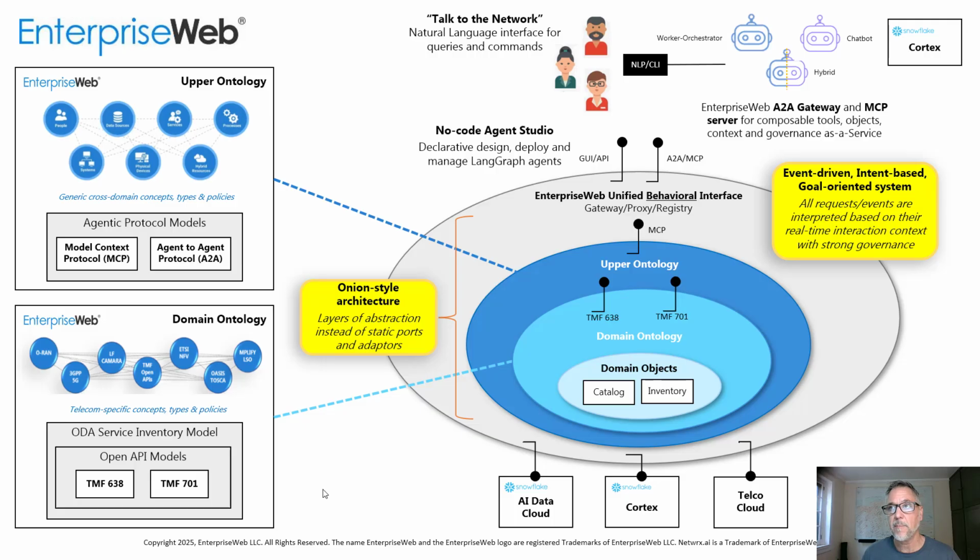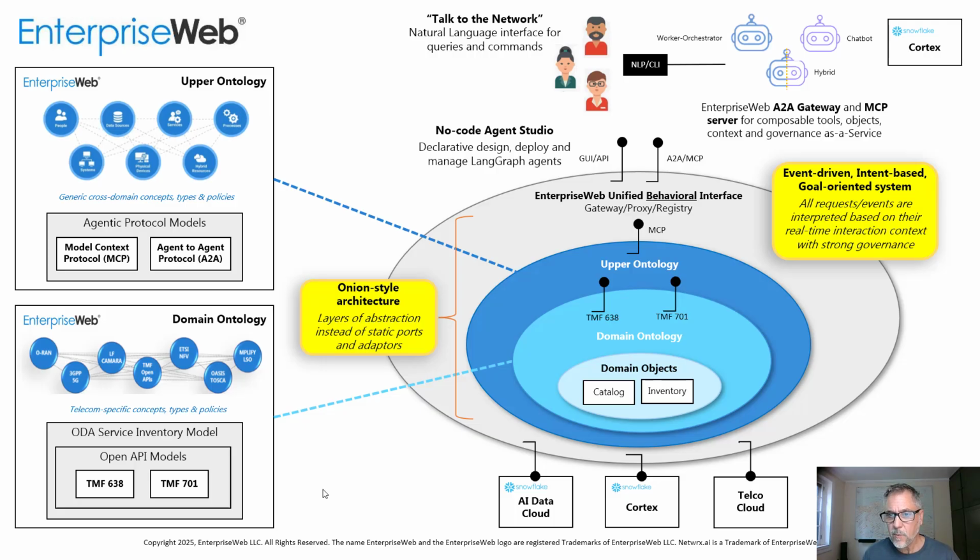Enterprise Web is presenting a behavioral interface. Enterprise Web is event-driven, intent-based, and goal-oriented. So all requests or events that come through that interface are interpreted on demand based on their real-time interaction context, right? So everything is a dynamic workflow, a dynamic control flow through this behavioral interface.